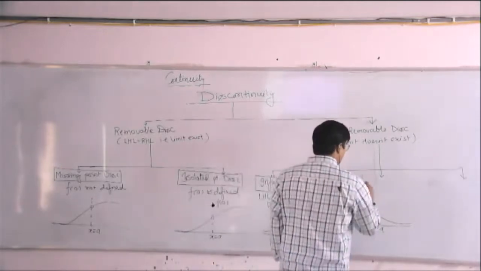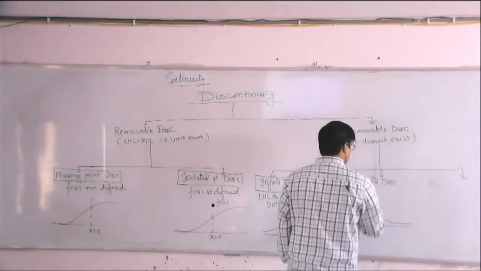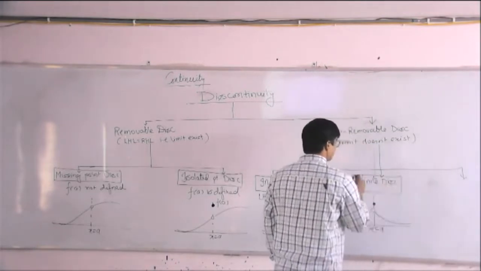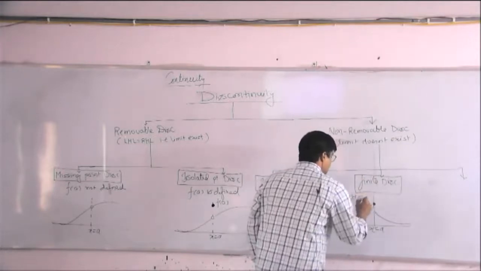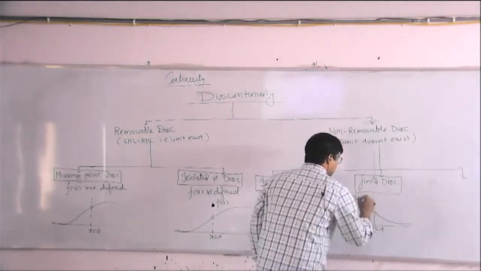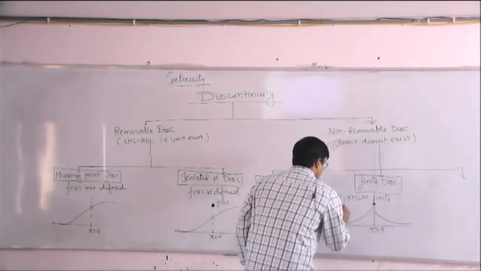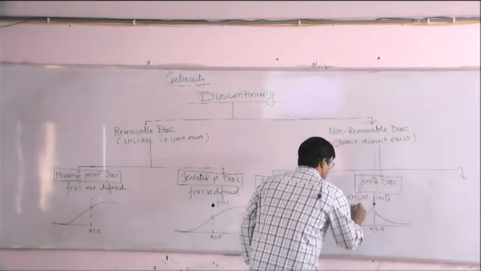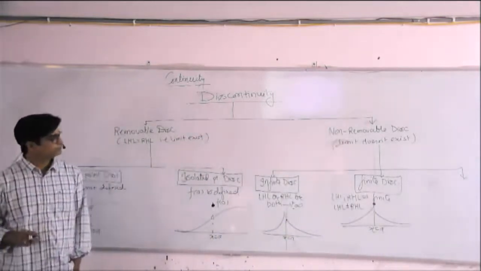So it is called finite discontinuity. LHL, RHL finite, LHL not equals to RHL. Yes or no?